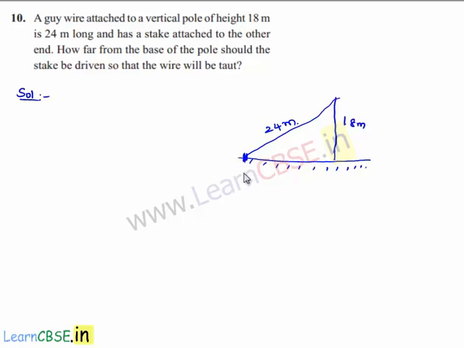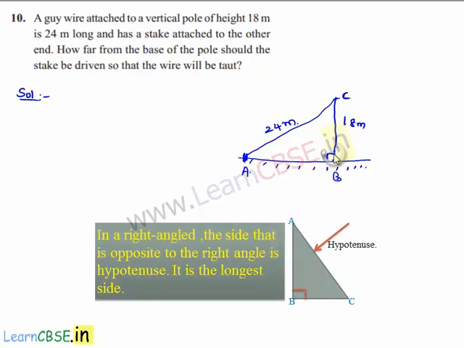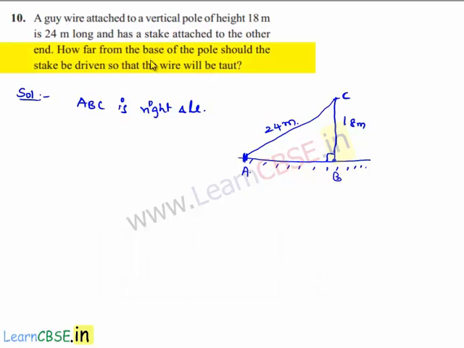So let the point where the stake is attached be A, the point of contact of the vertical pole with the ground be B, and the top of the vertical pole be C. Then ABC is a right angle triangle. So he asked how far from the base of the pole the stake should be driven so that the wire will be taut. So we need to find the length of AB here. Let it be a meters.